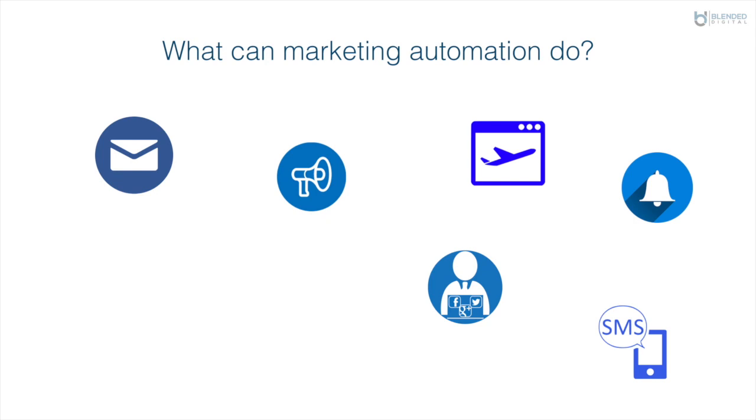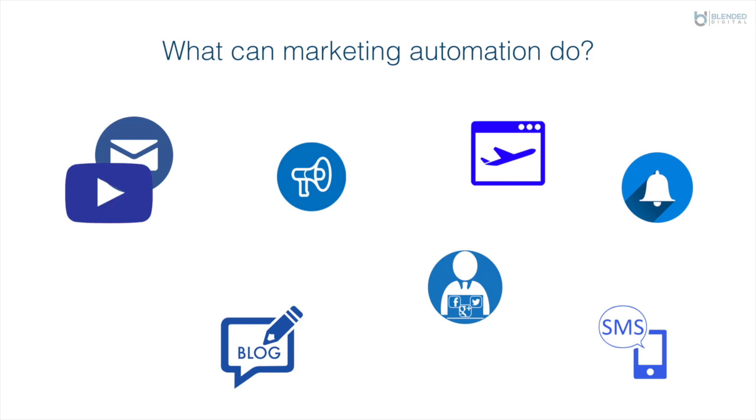Notifications as well, so that includes notifications for your customers and for your own internal team as well. Those can be automated across automation platforms. Blogging as well, you can now automate blogging so that they launch at certain times, within certain campaigns, across certain landing pages, within emails, within advertisements, within social posts, etc.